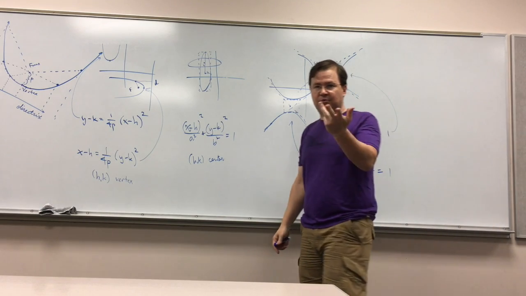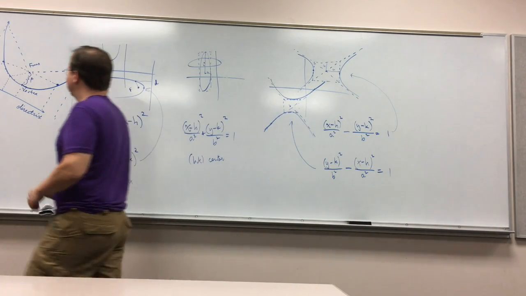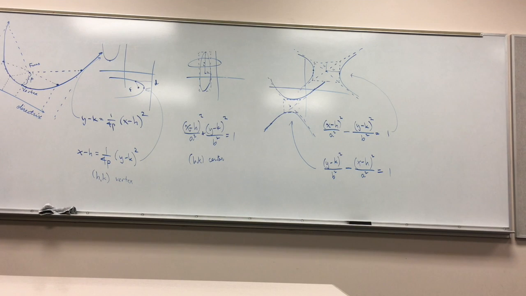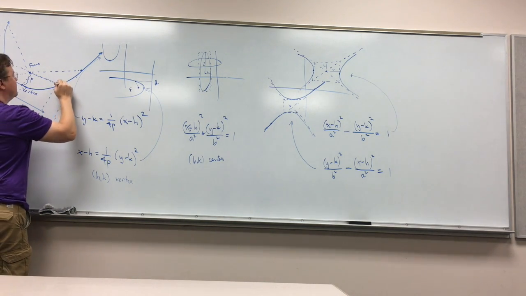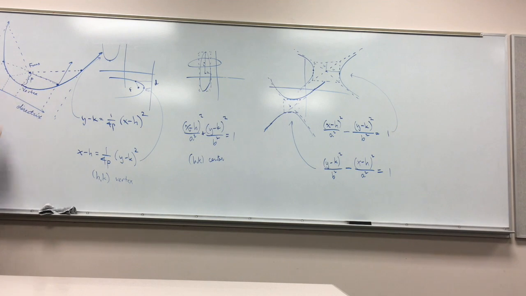And then thirdly, if this was a radio transmitter sending the signal out, emanating in all directions, if the signal goes this way, one of the properties of the parabola is that it will reflect in a direction that's parallel to the line of symmetry.